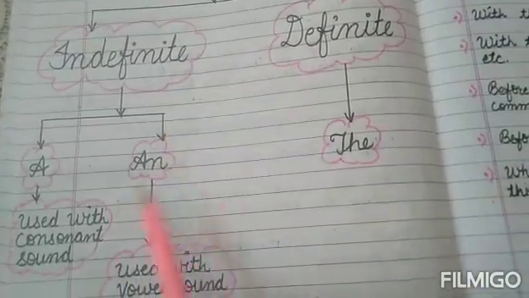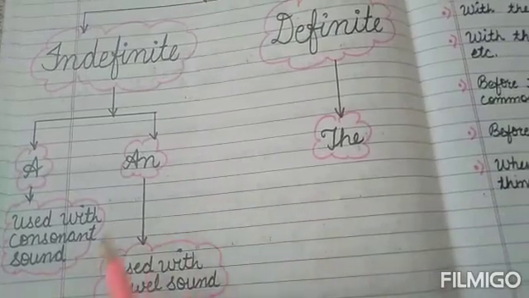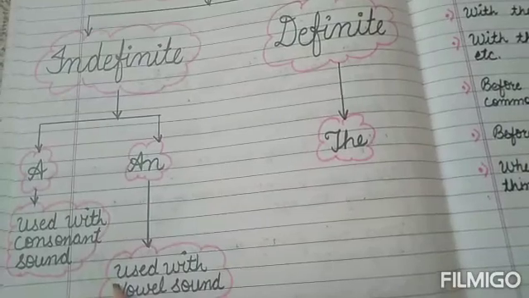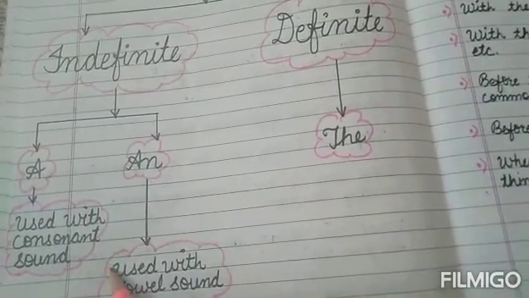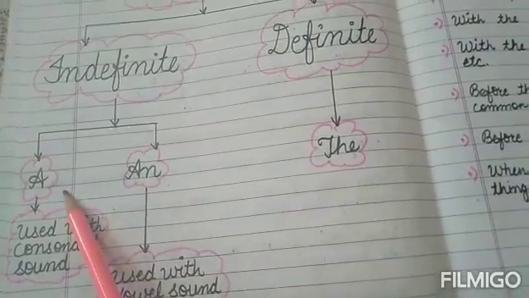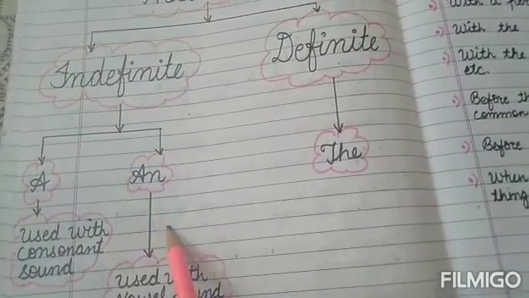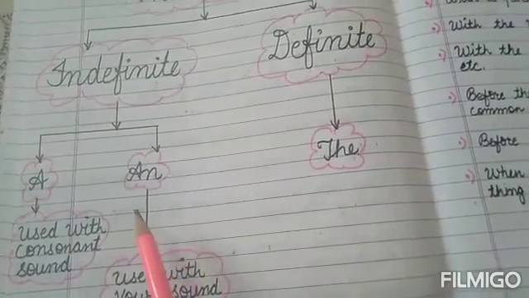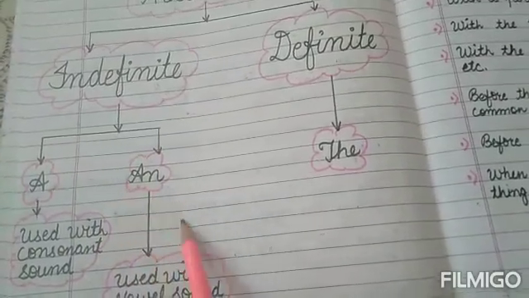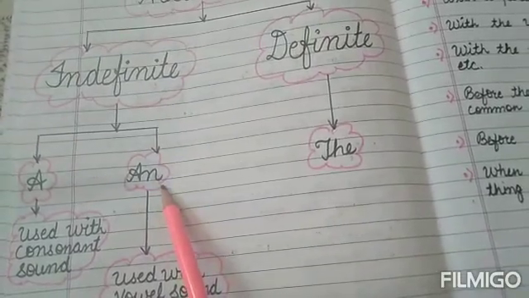For example, take basket. Basket has the first letter B, and the B sound belongs to consonants, so with the word basket we use a. And if I take the example of umbrella, umbrella has the first sound a, which belongs to the vowel sounds, so with it we use an.